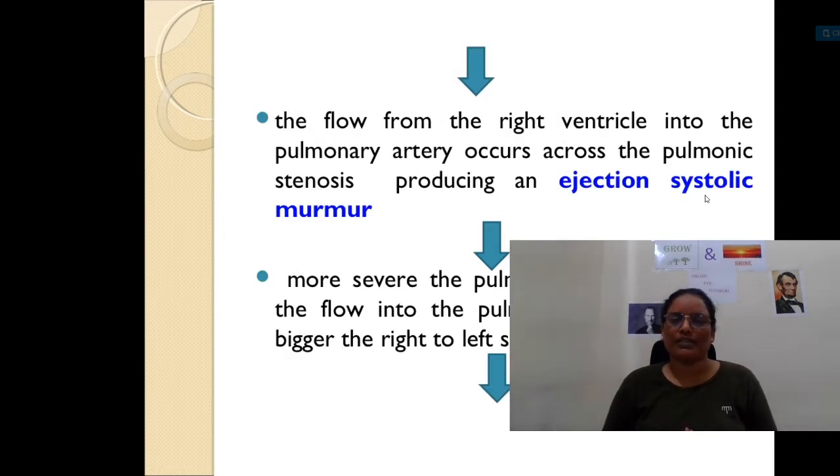Okay. Then what happened next? The flow from the right ventricle into the pulmonary artery occurs across the pulmonic stenosis, producing an ejection systolic murmur. What is the ejection systolic murmur?